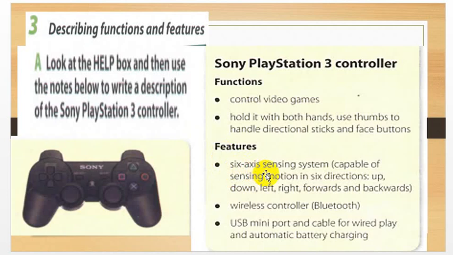Features: 6-axis sensing system capable of sensing motion in 6 directions: up, down, left, right, forward and backward. Wireless control, Bluetooth, USB port and cable for wired play and automatic battery charging.